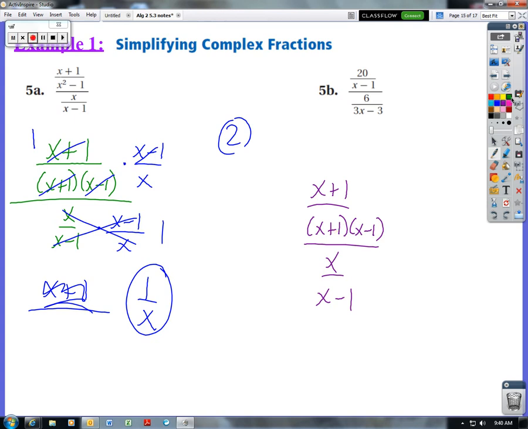So this method number 2 is to multiply both fractions by the least common denominator. Let's put it over 1. So in this case, I'm just multiplying top and bottom by the least common denominator. And then that's going to cancel, that's going to cancel, that's going to cancel.